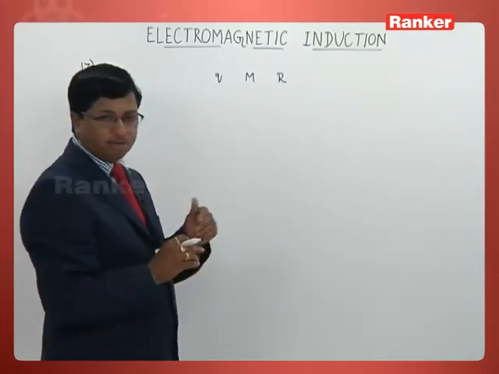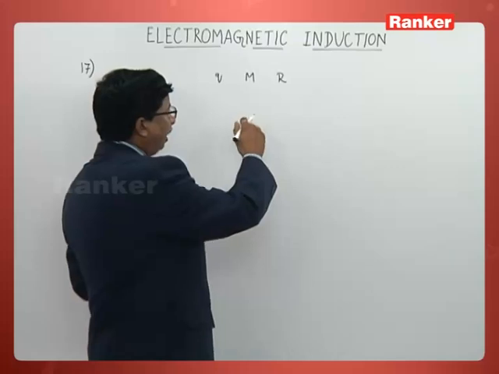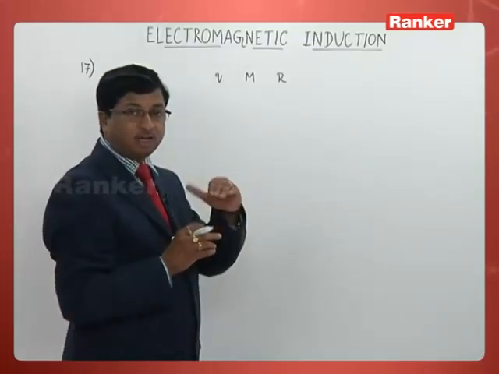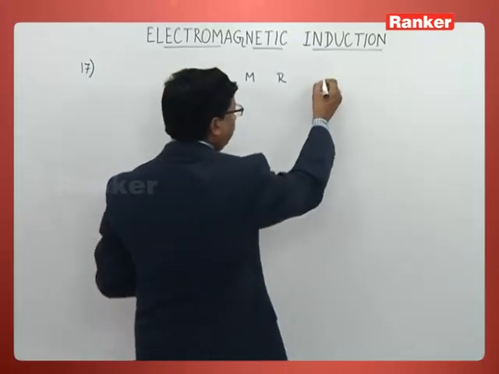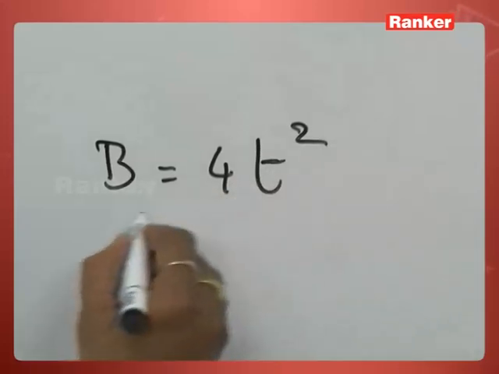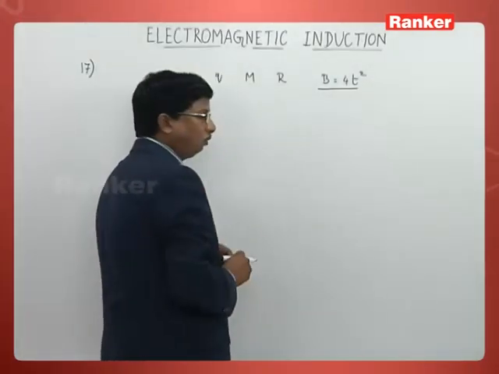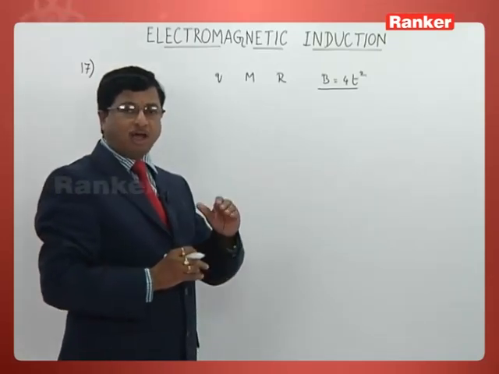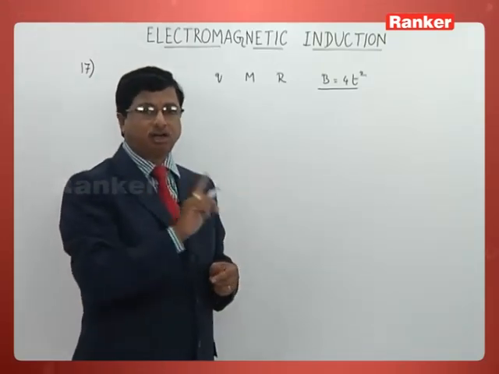In addition, he has mentioned over here the value of magnetic field, which is a time varying field, that is given B equal to 4t square. So that is varying according to this particular equation with respect to time. And after 2 seconds it has started rotating.